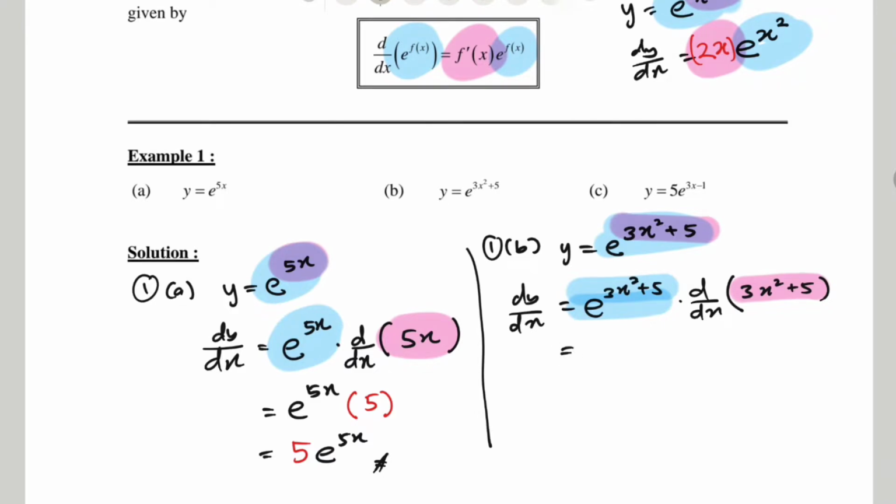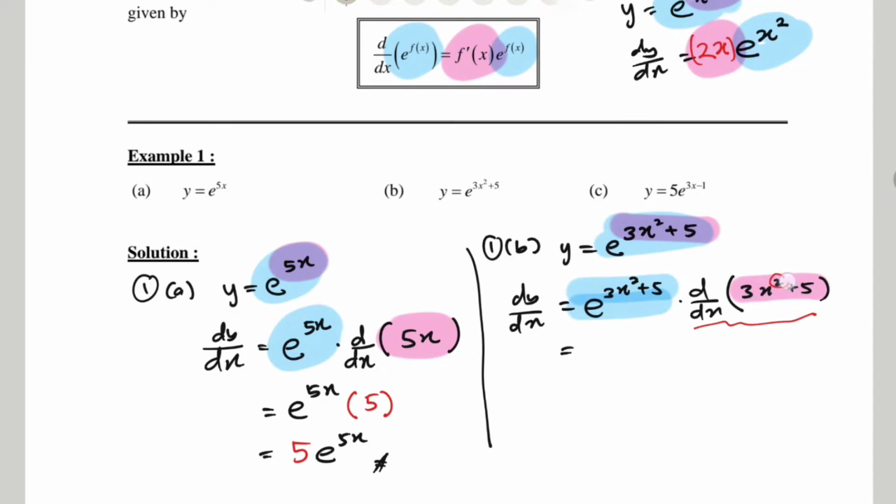Next, I want to do this faster, so I will write down the answer of this derivative in front of the exponential, because I know that at the last step I will definitely write the result of the derivative in front of the exponential. So I'm going to skip one step and straight away write the answer of the derivative in front of the exponential to save time. What is the derivative of 3x squared plus 5?